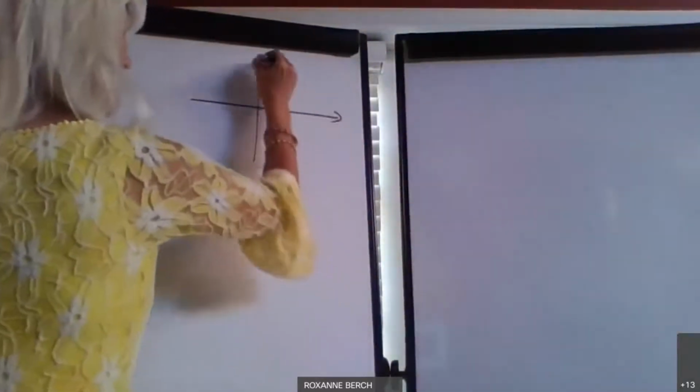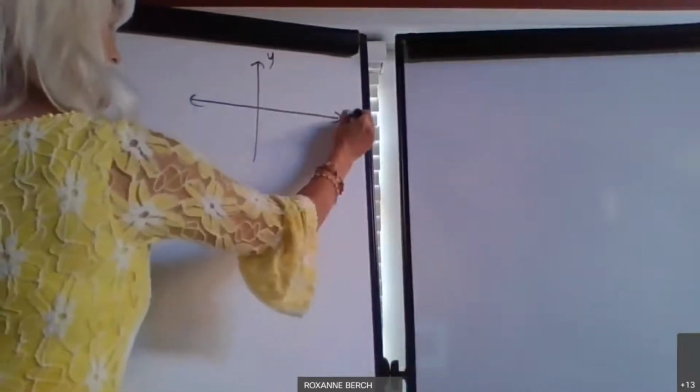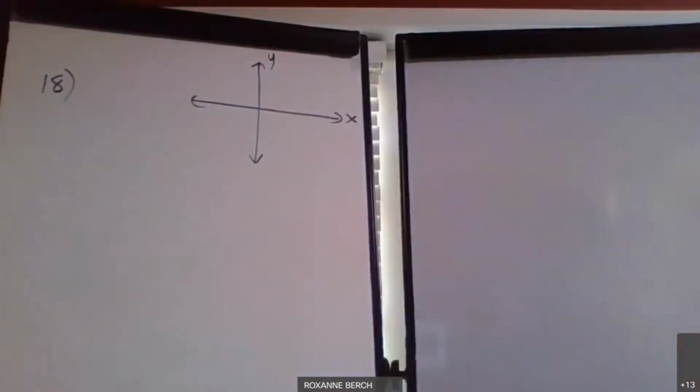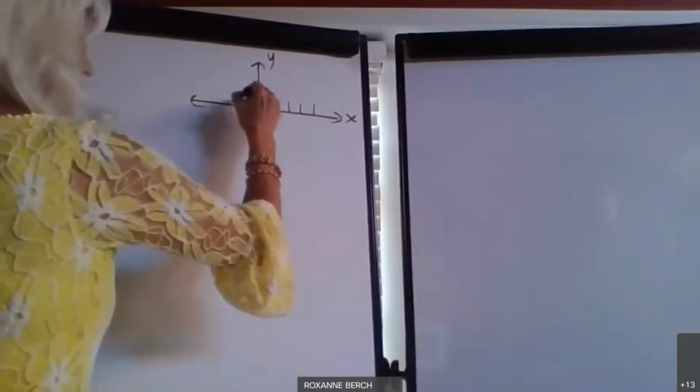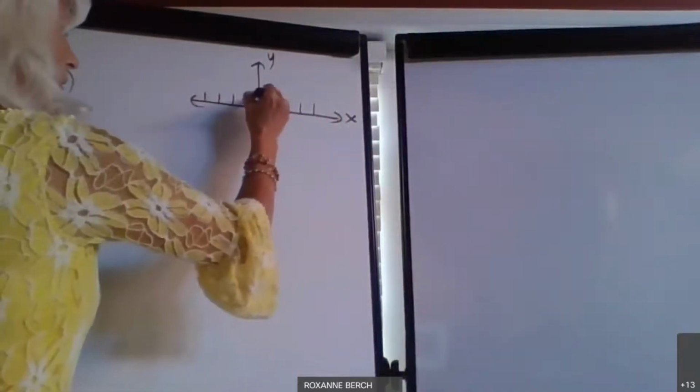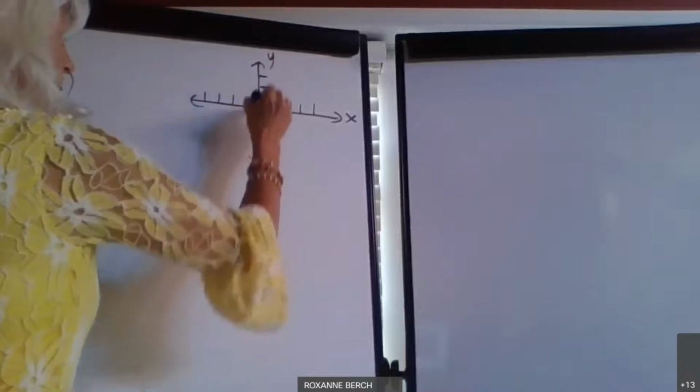So he is a function, but he doesn't have an equation. We're going to do number 18. So what we need to do is write down his points. Can you guys read off the graph there? Please read off the points to me.